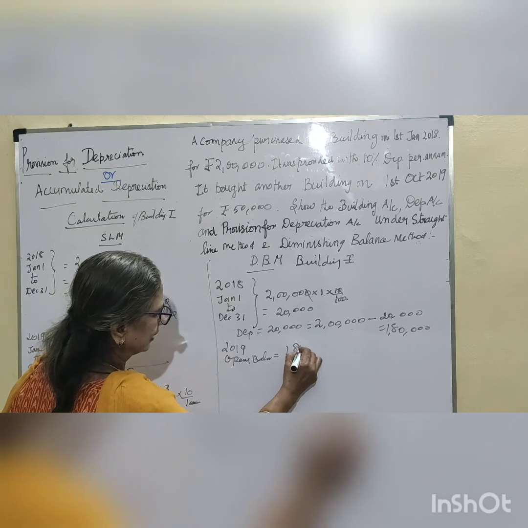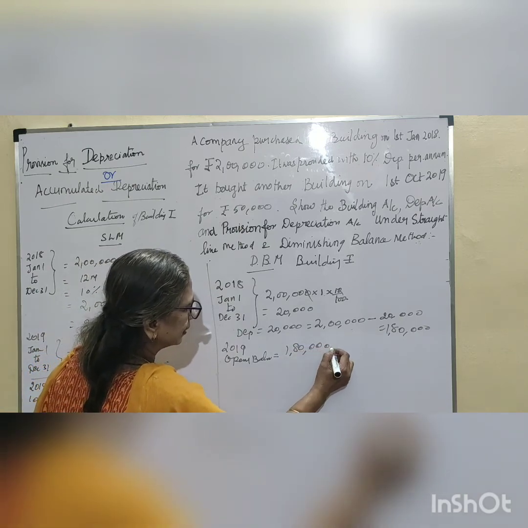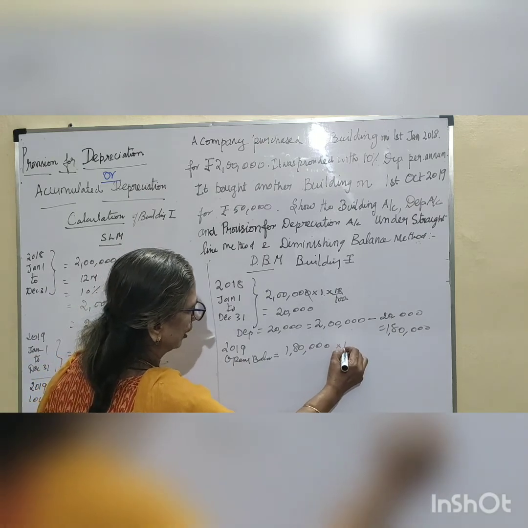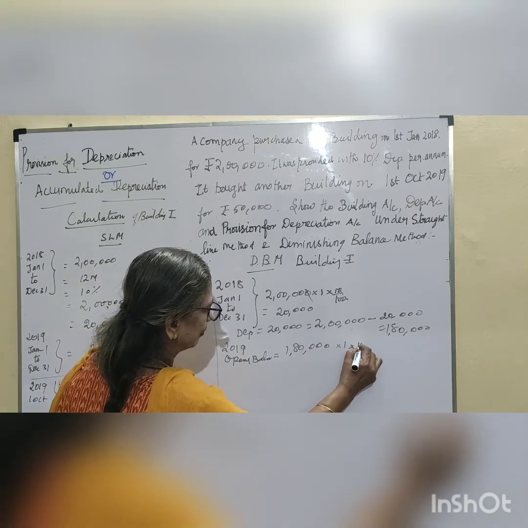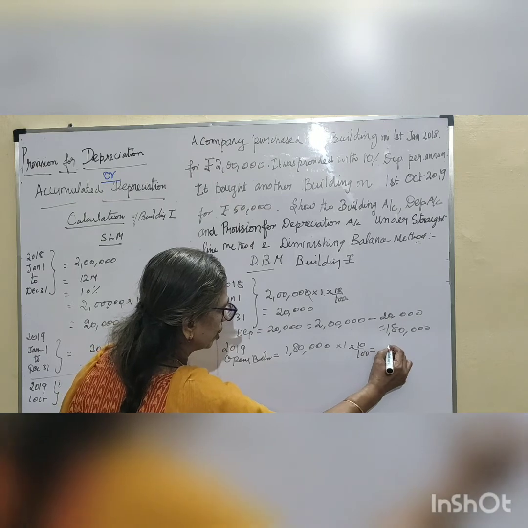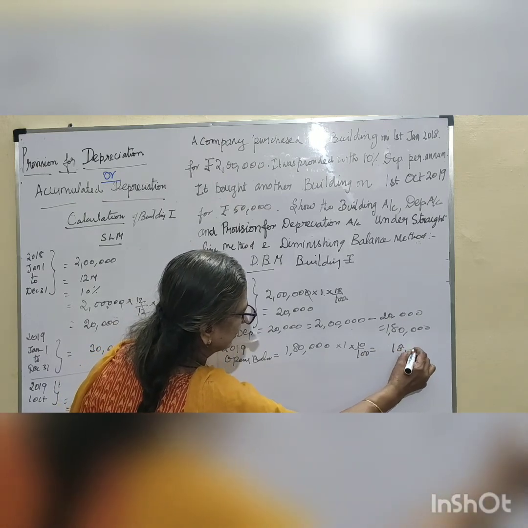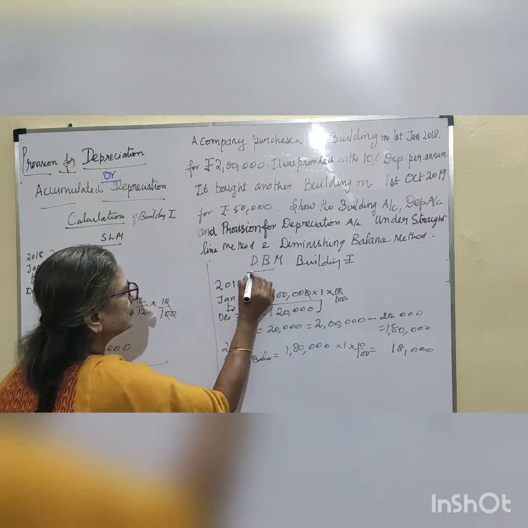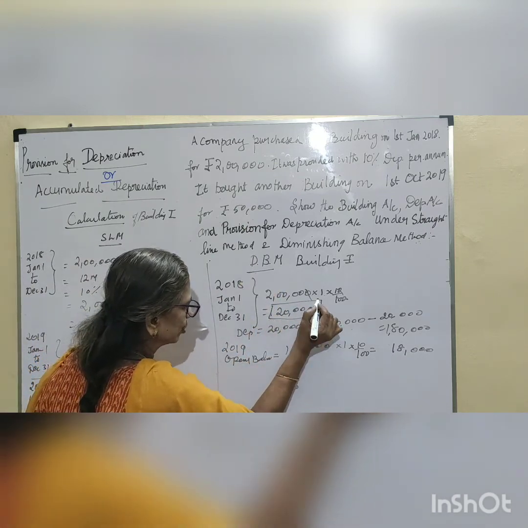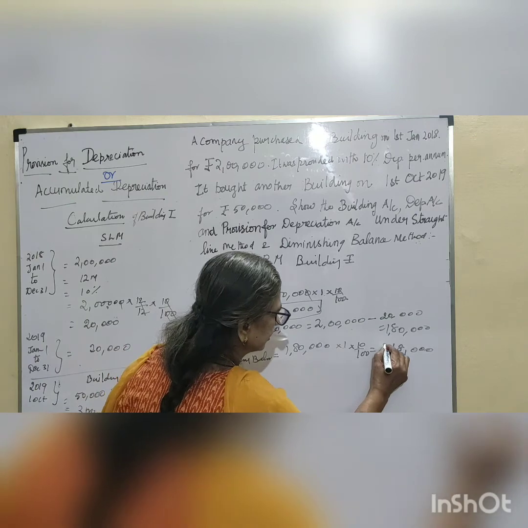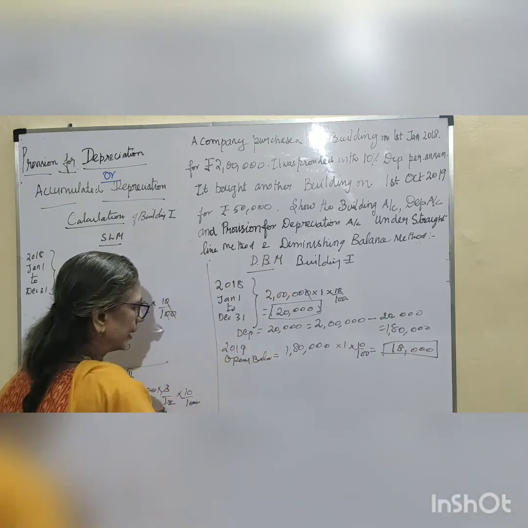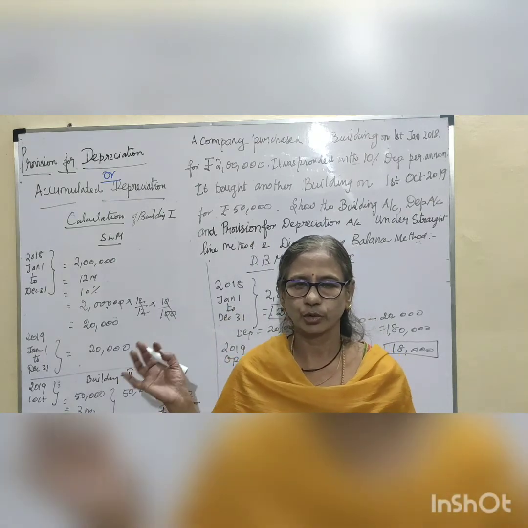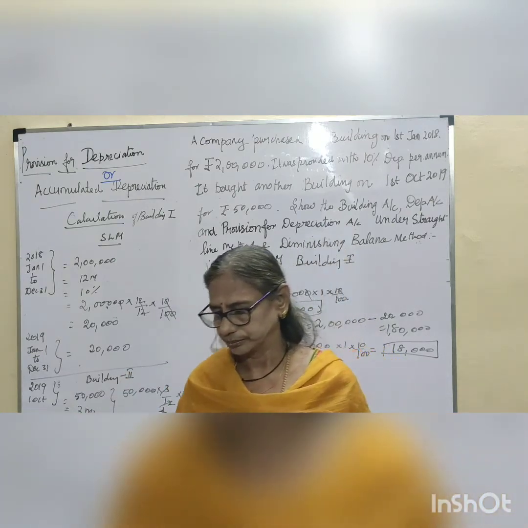For the whole year we calculate 1 by 1 into 10 by 100, which is equal to 18,000. So first year depreciation under the diminishing balance method is 20,000, and second year depreciation is 18,000. Now let us go to the building ledger account.